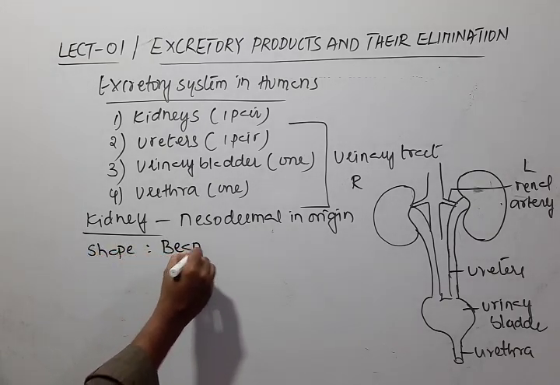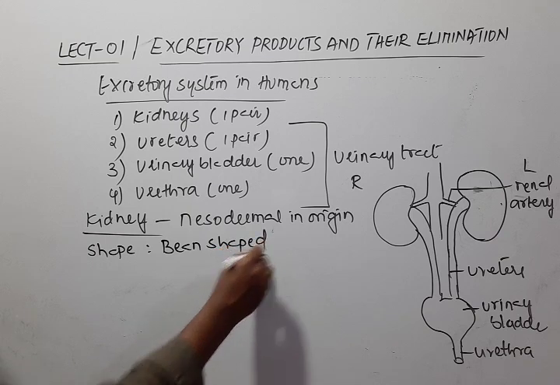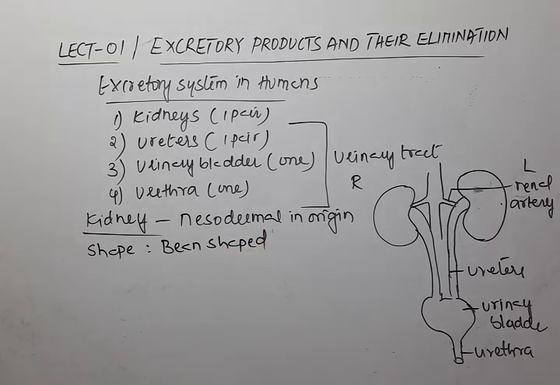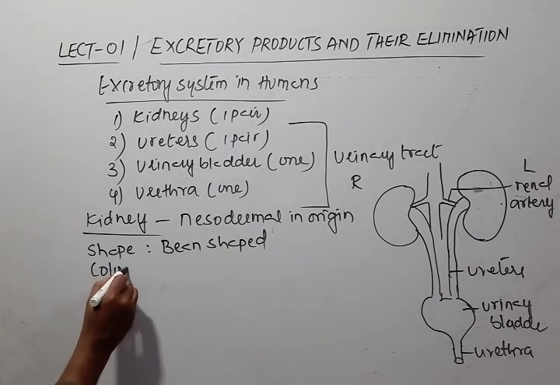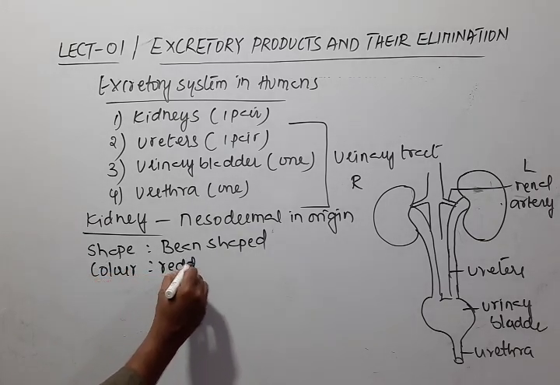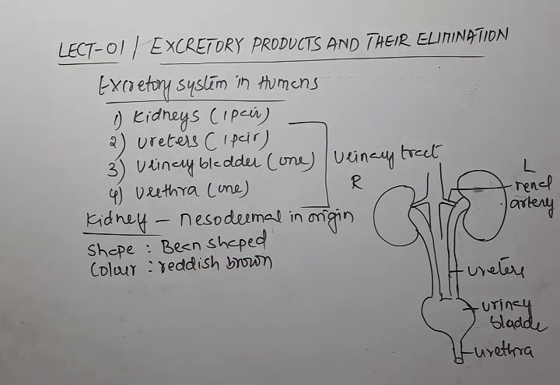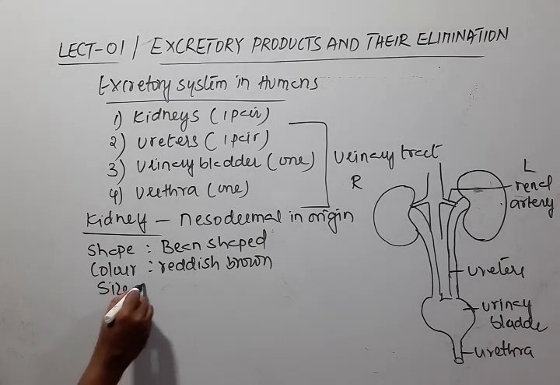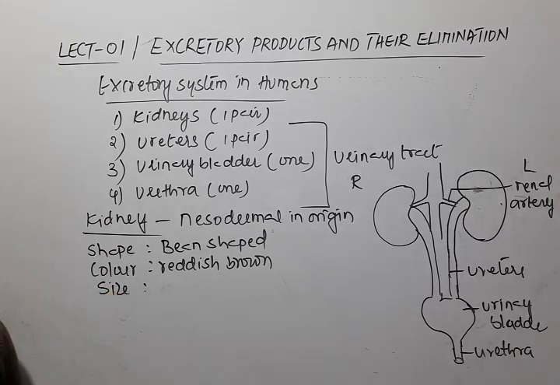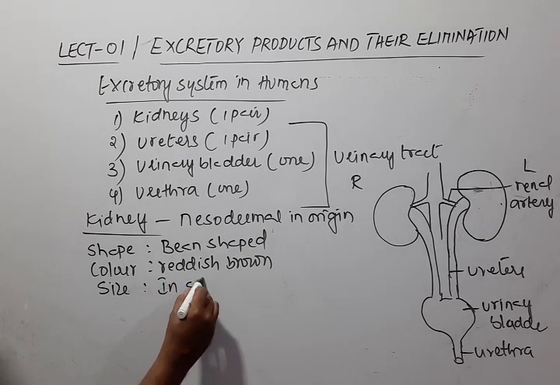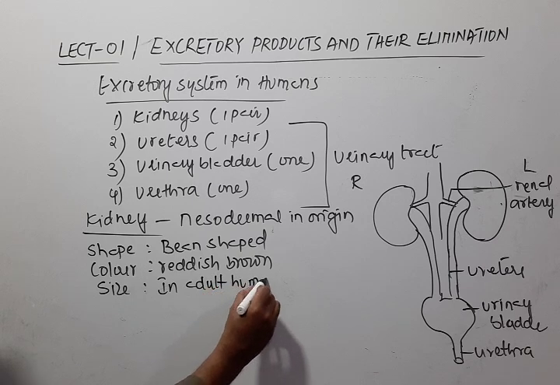The shape of the kidney is bean shaped, and the color is reddish brown. Coming to the size, we will see the size in case of adult human beings, in adult humans.